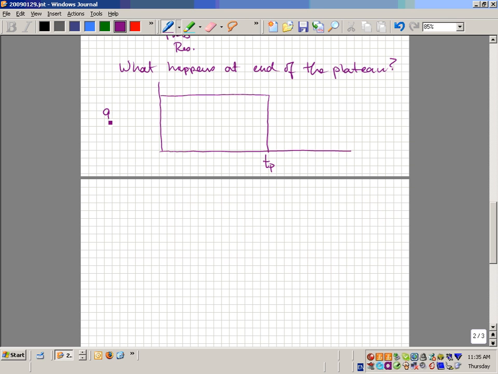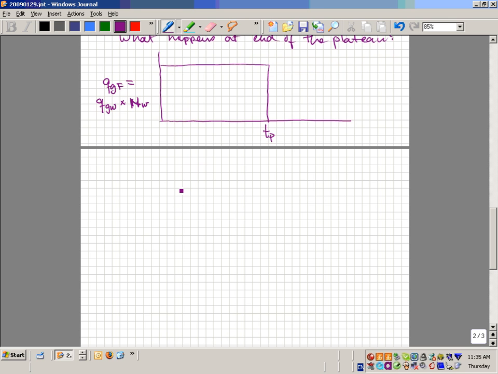This is the gas field rate, and we're going to say that's equal to the well rate times the number of wells. Essentially, if the number of wells happens to be 10, then the well rate would be constant.